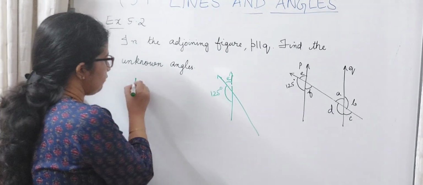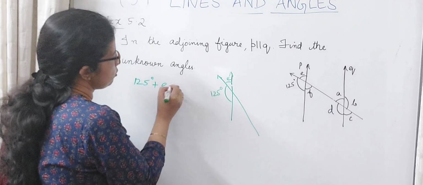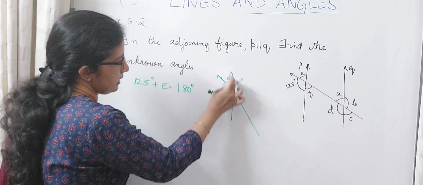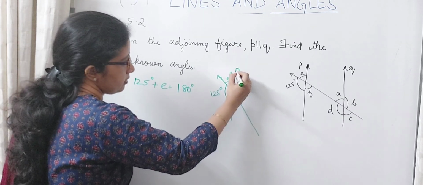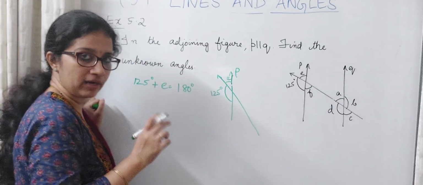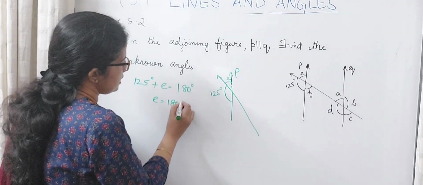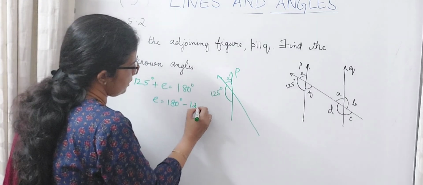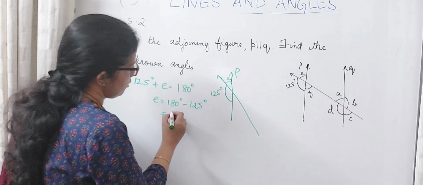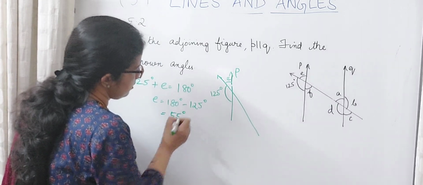125 degrees plus E is equal to what? 180 degrees, right? Since this is a straight line, 125 plus E is equal to 180 degrees. So what is E? E is equal to 180 degrees minus 125 degrees, which is 55 degrees.